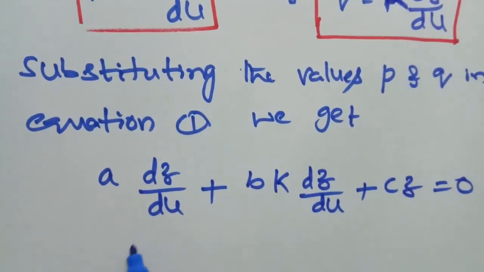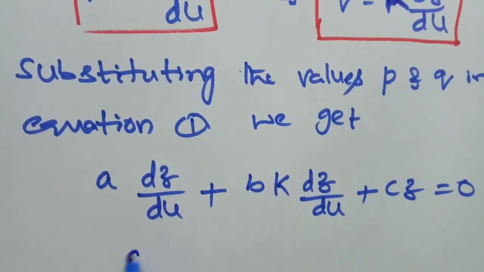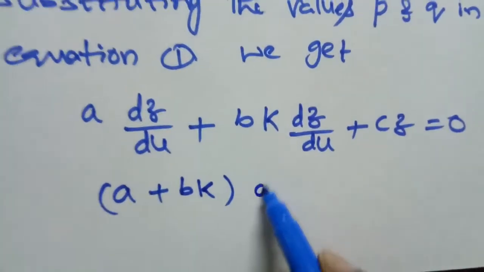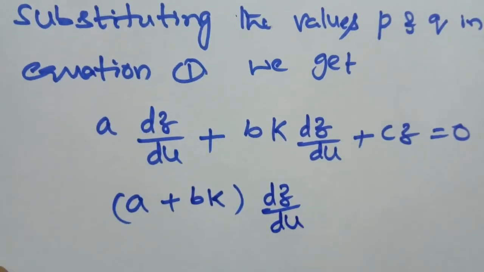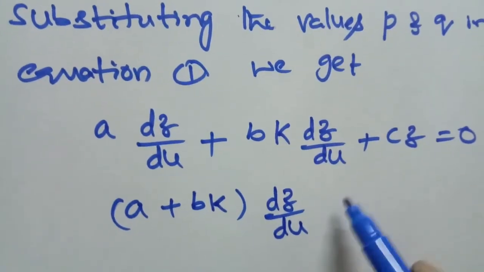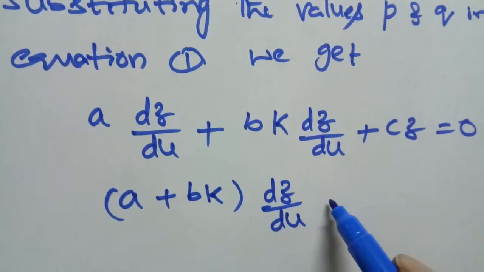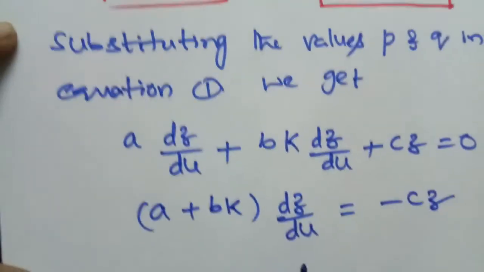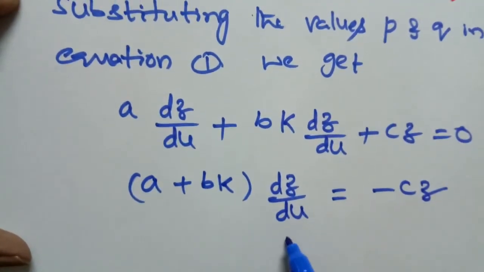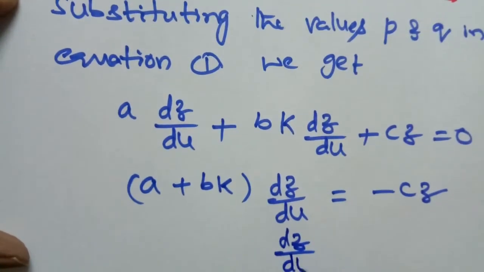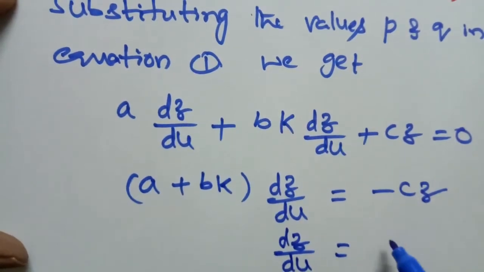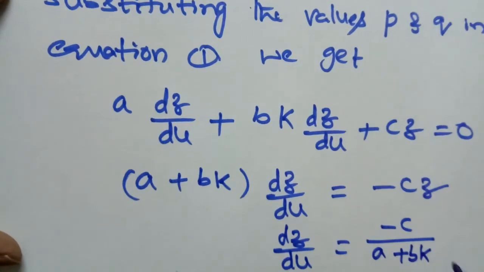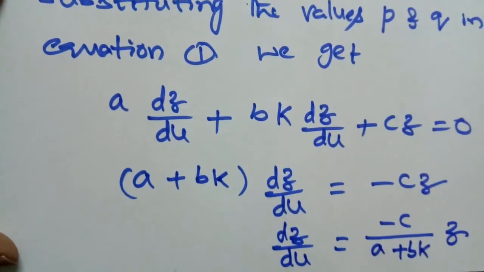Here dz by du is a common factor, so (a plus bk) into dz by du plus cz is equal to 0, so (a plus bk) dz by du is equal to minus cz. Therefore again this can be written as dz by du is equal to minus c by (a plus bk) into z.